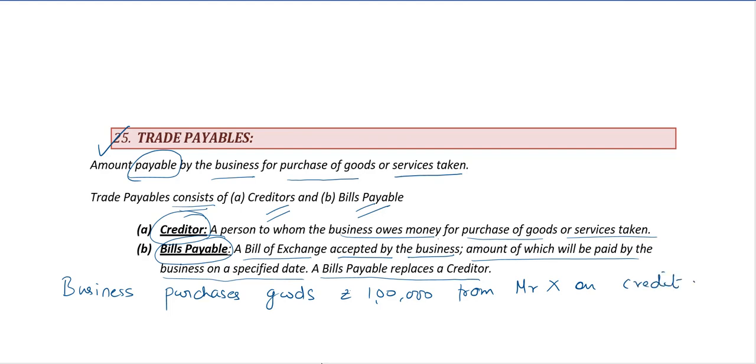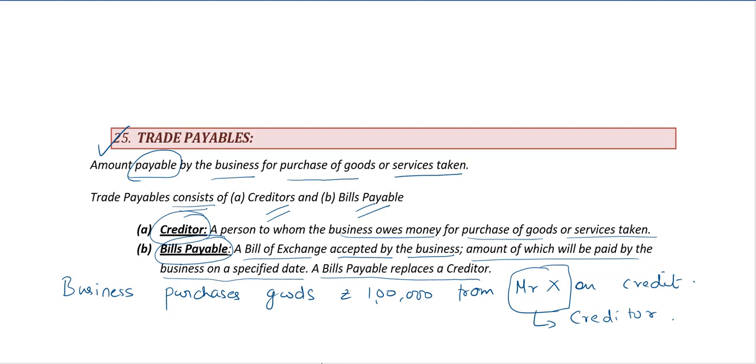Now this is a credit purchase. So the business does not pay the amount of the purchase, the rupees 1 lakh, to Mr. X immediately. So Mr. X is a creditor to the business, a person to whom the business owes money for the purchase of goods. So Mr. X is called a creditor.